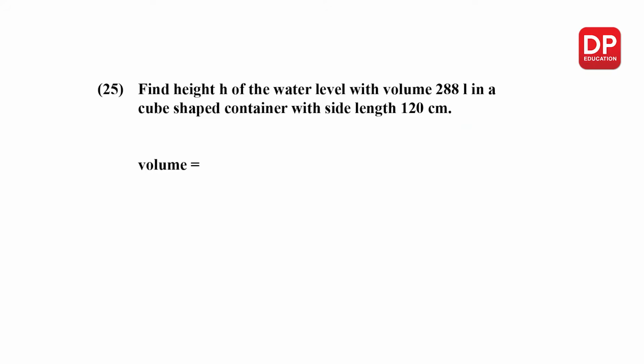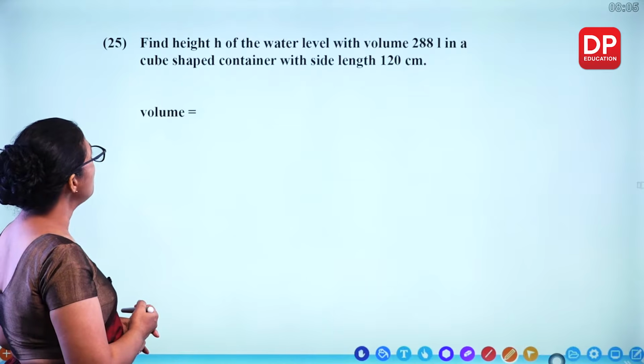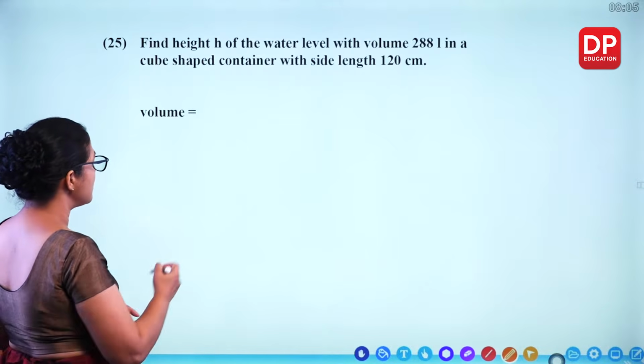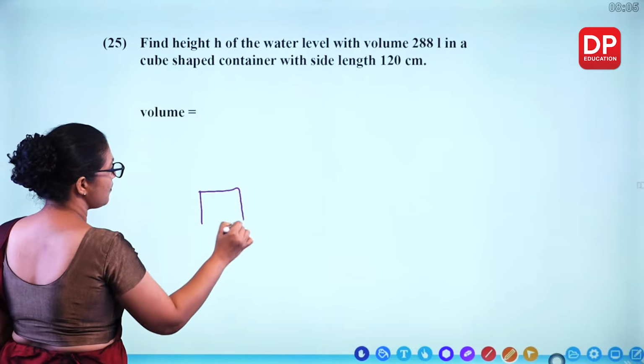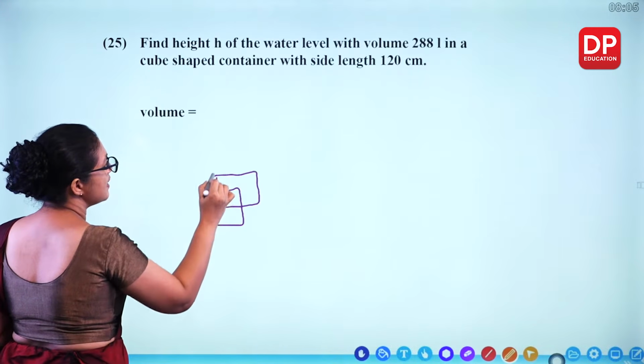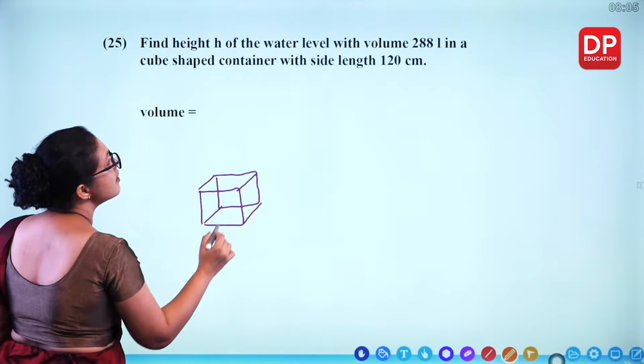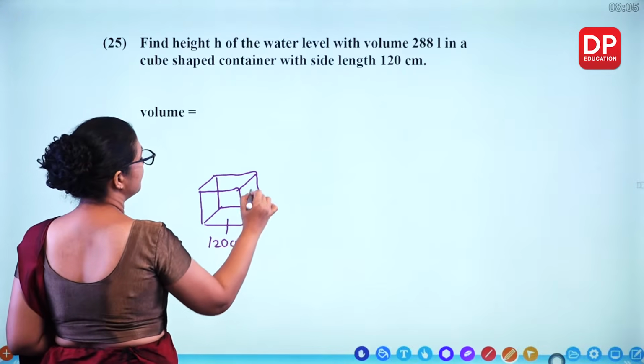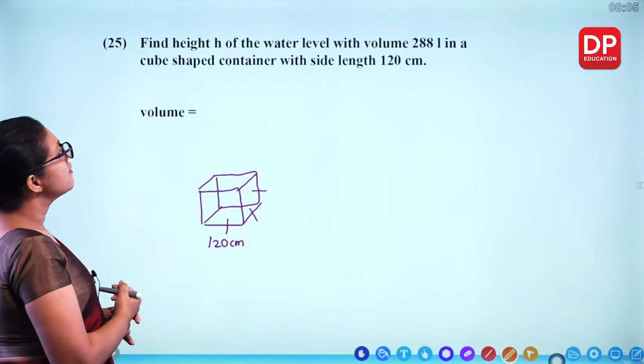Look at this one. Find the height h of water level with volume 288 liters in a cube-shaped container with side length 120. So this is a cube. Side length is 120 centimeters. So what's the volume?